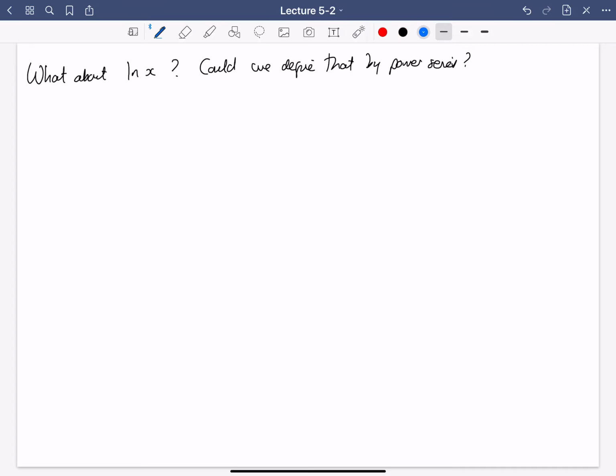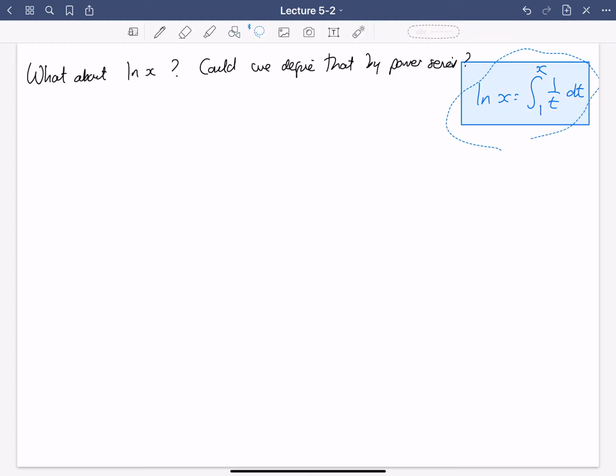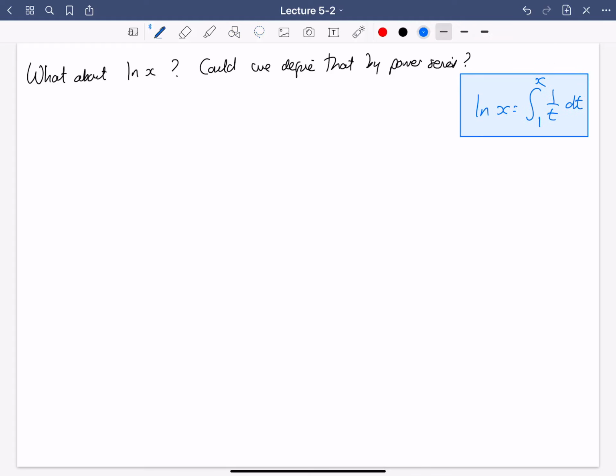I already showed you a definition of this, right? I showed you that natural log of x, you could define it as an integral. So that was the definition that we used last time, the rigorous mathematical definition of natural log. But maybe power series are better. So let's think what would happen if we try to define natural log using power series.